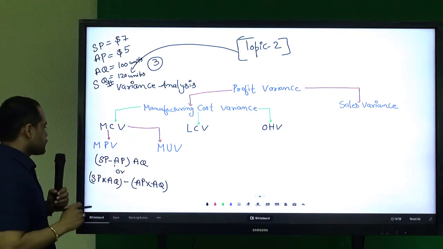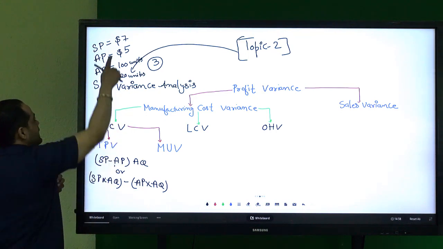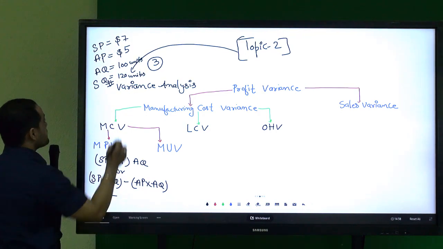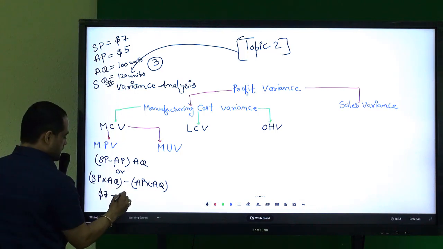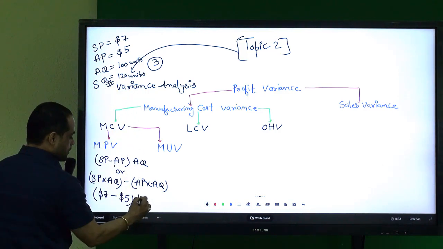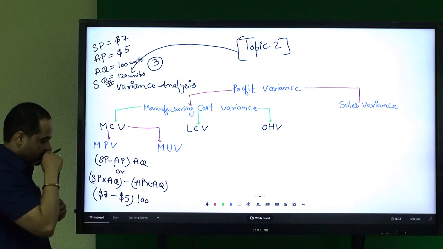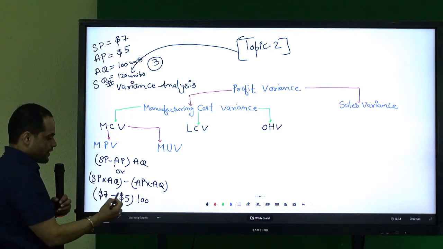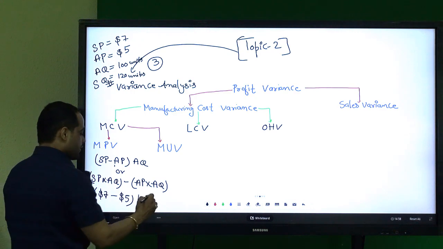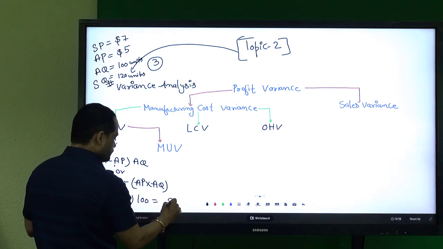So standard price $7 minus actual price $5, multiplied by actual quantity 100. 7 minus 5 is 2. 2 multiplied by 100 is 200.